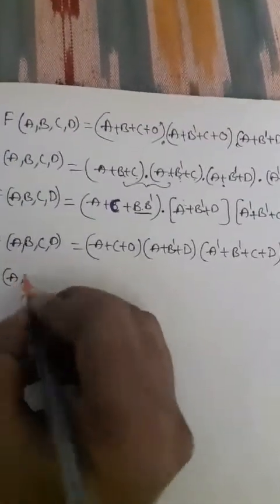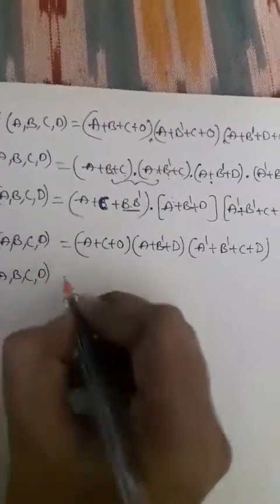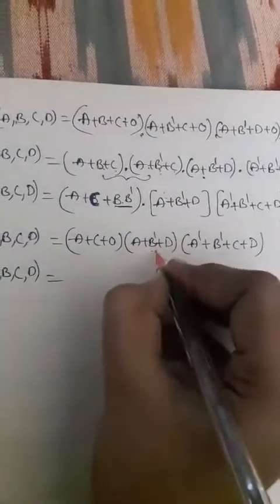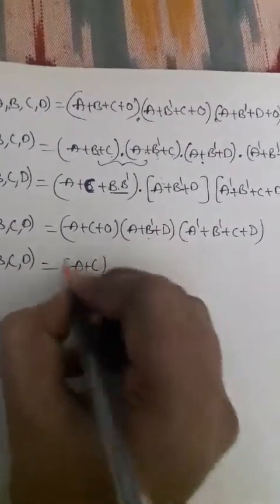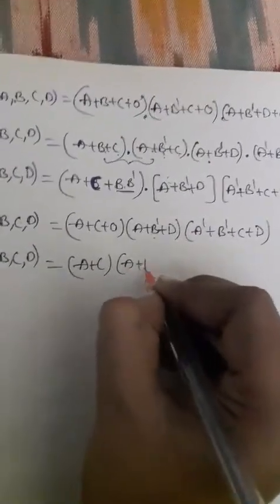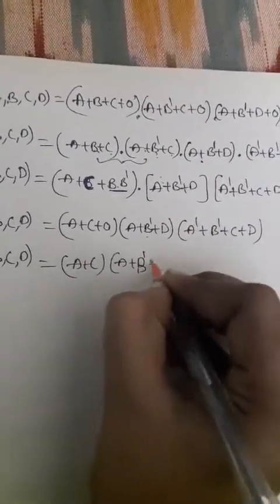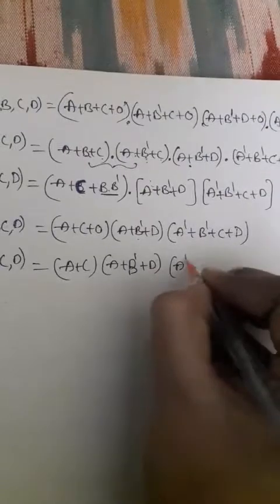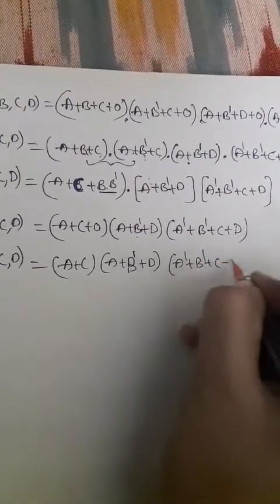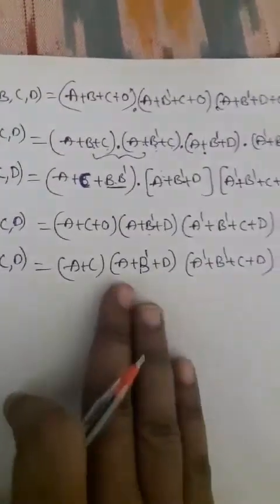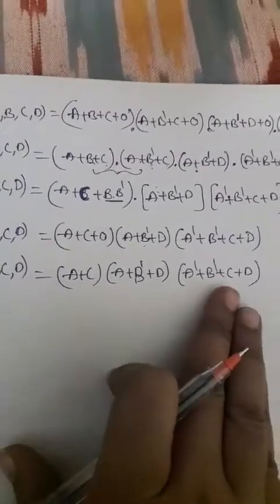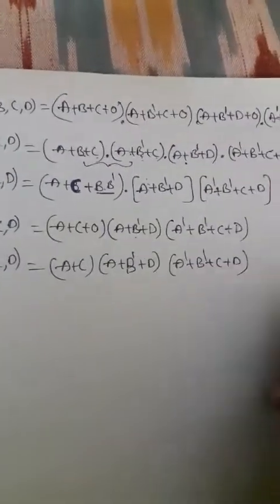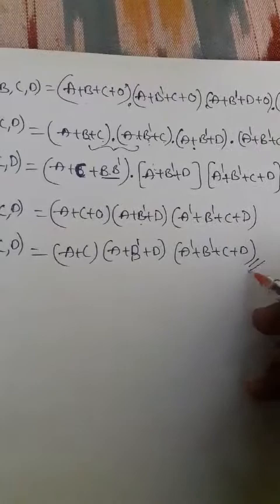So f of A, B, C, D is equal to, the final equation becomes (A plus C) into (A plus B complement plus D) into (A complement plus B complement plus C plus D). Okay, so here there is no possibility to take common terms, so directly we'll write it, this is the final expression.